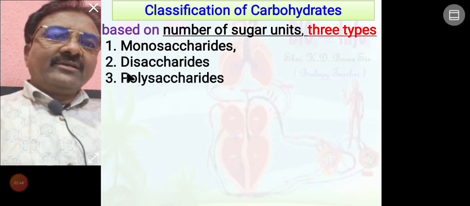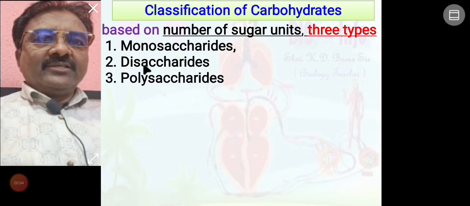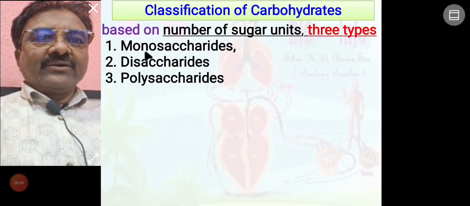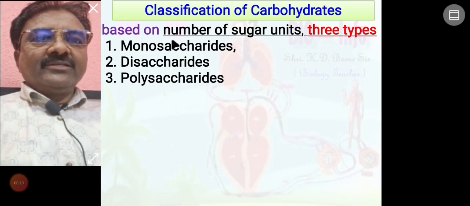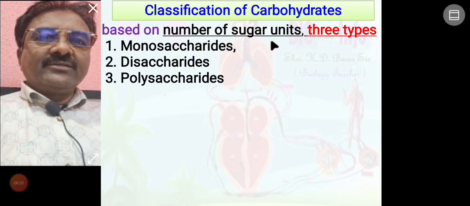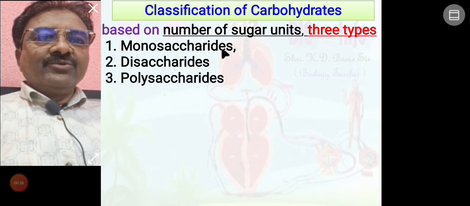A single sugar unit carbohydrate is called monosaccharide, two sugar units is called disaccharide and many sugar units is called polysaccharide. So on the basis of the number of sugar units, carbohydrates are three different types. We learn one by one.